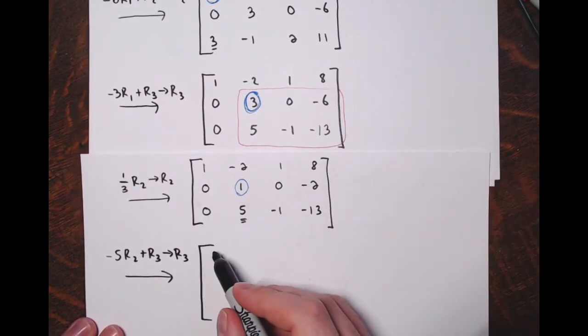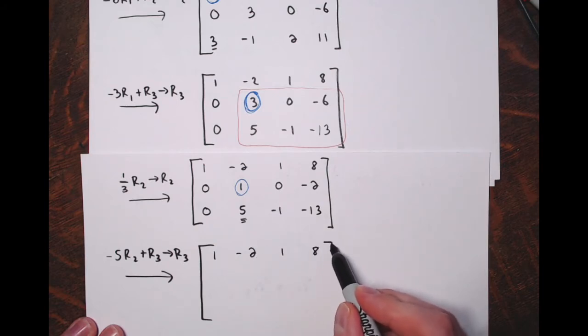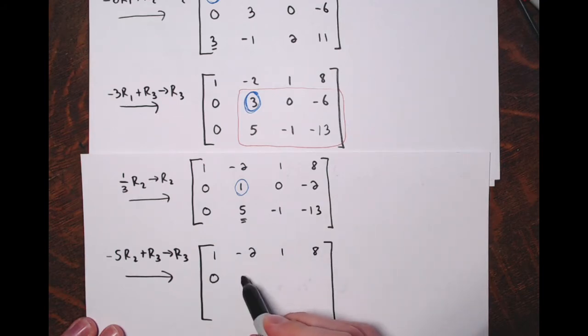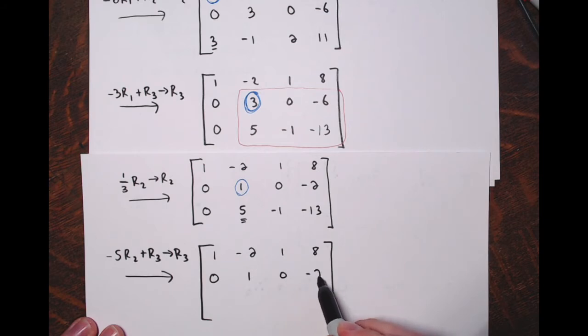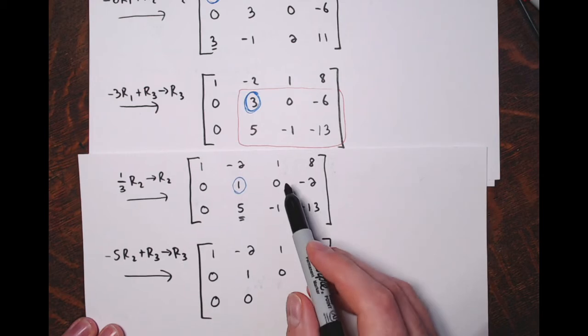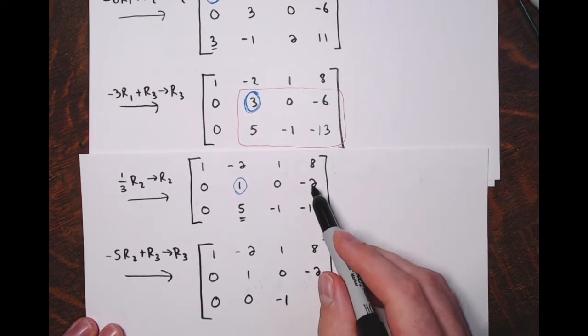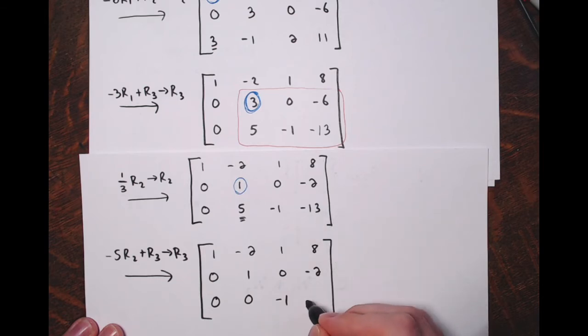The first and second row aren't changing, so keep those the way they are. And then I'm taking -5 times the second row entries, adding it to the third row. Well, that's 0 plus 0, 0. -5 plus 5, 0. 0 plus -1, still -1. And then 10 plus -13, -3.